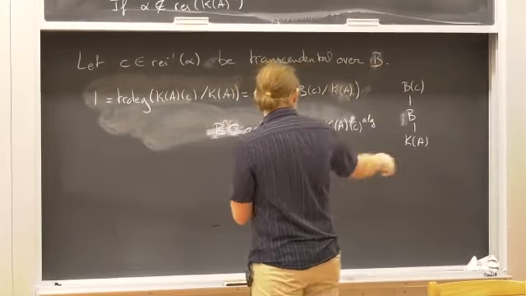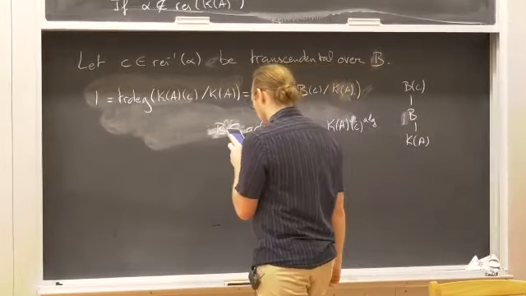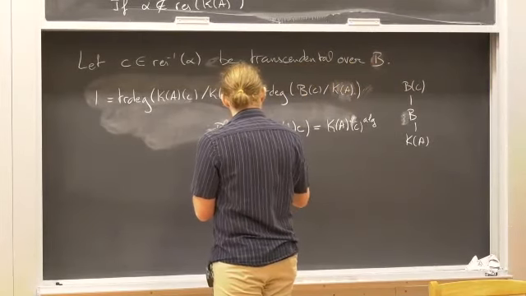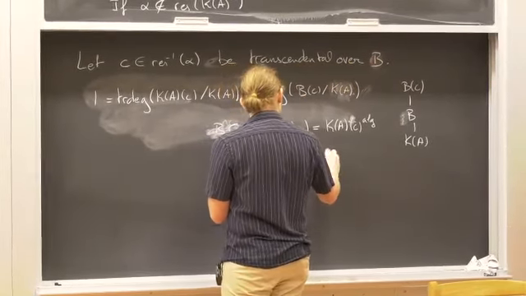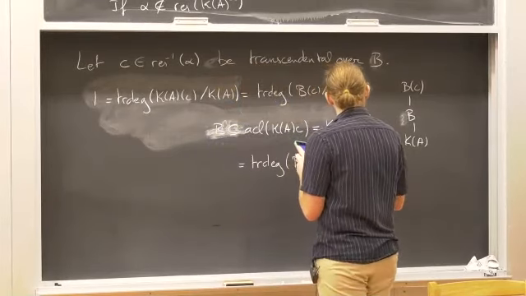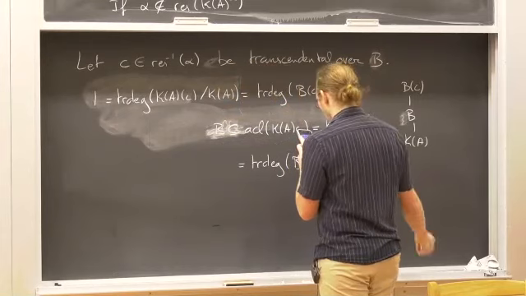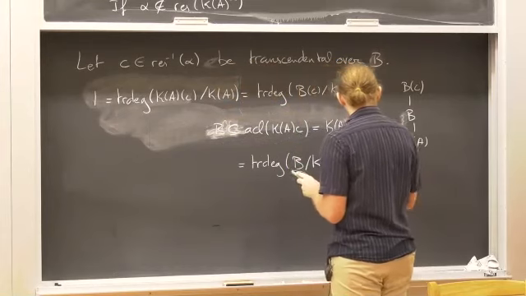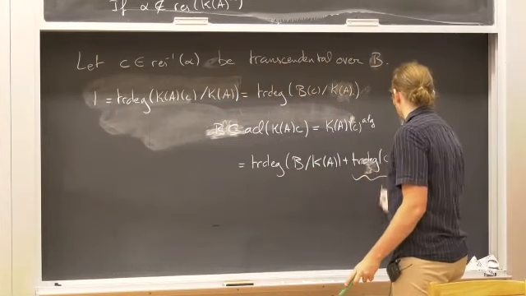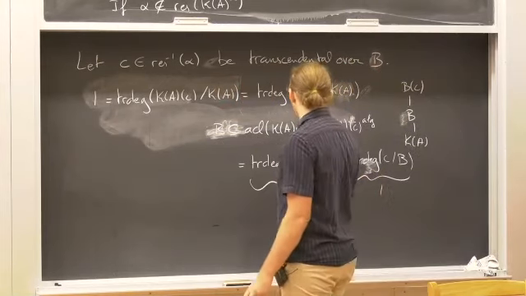So now I just applied additivity of transcendence degree. So this is the transcendence degree of B over KA plus the transcendence degree of C over B. This is 1. So this is 0.